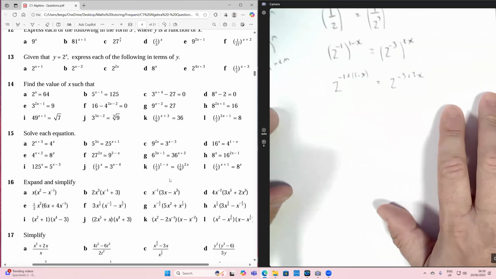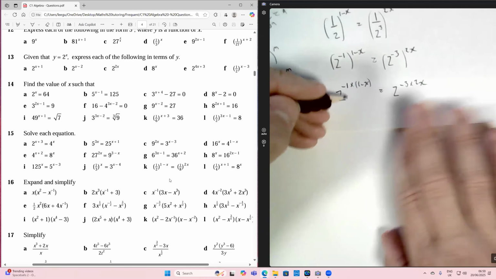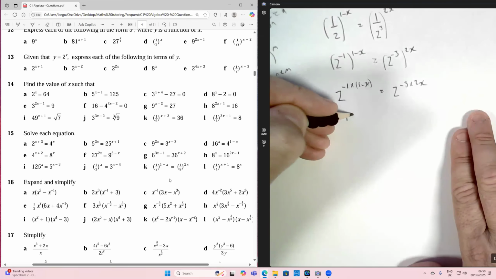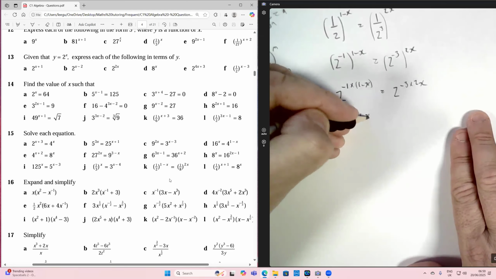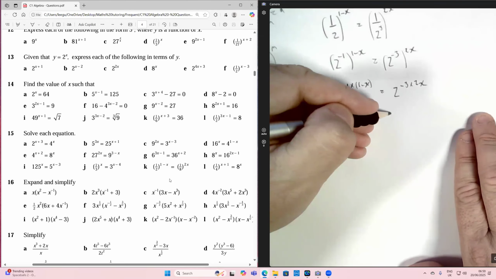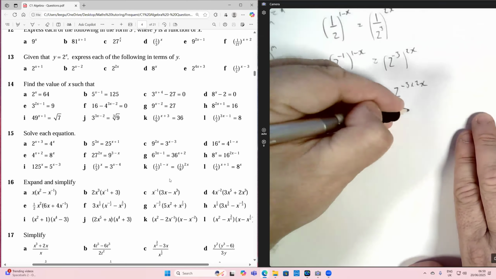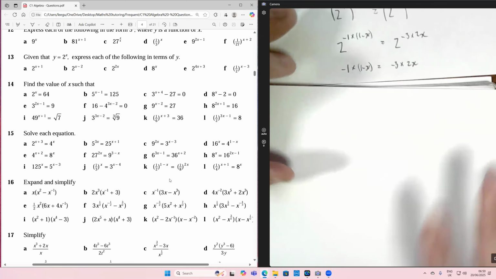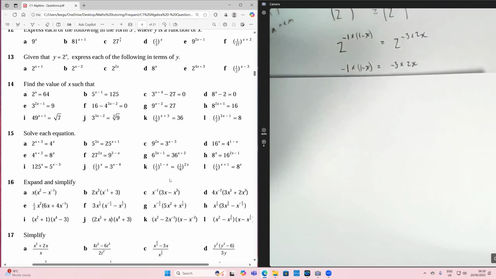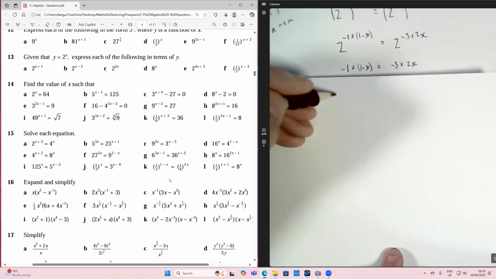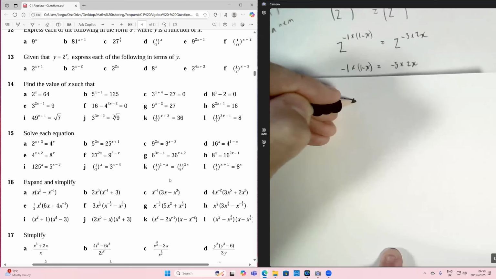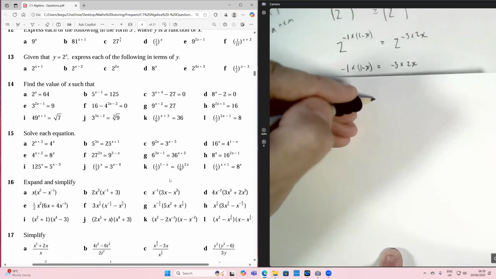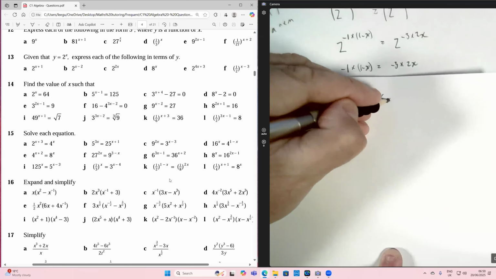So let me at this stage write down our indices. So we've now got minus 1 times by 1 minus x is equal to minus 3 times by 2x. Let's expand the brackets now and see what we get. When we expand these brackets now, we're going to get minus 1 plus x. So minus 1 plus x is going to equal minus 6x.